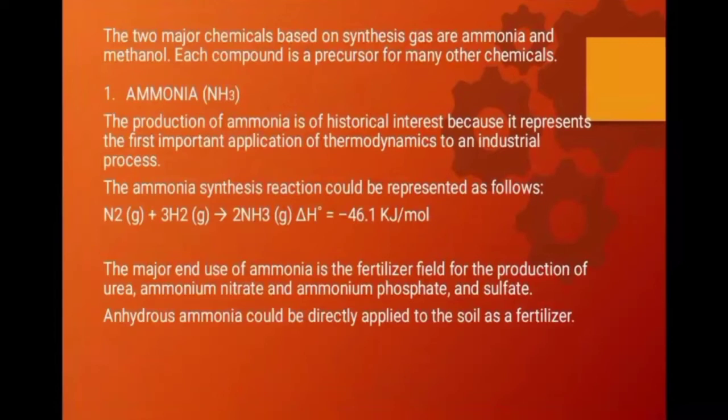Nitrogen N2 plus hydrogen H2 produces ammonia, with delta H of minus 46.1 kilojoule per mole.